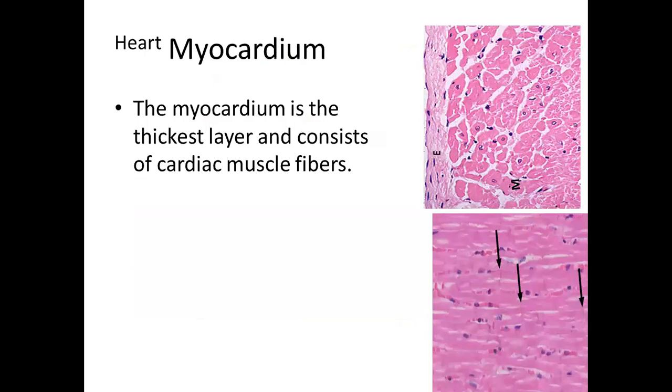Moving onwards towards the middle layer of the heart, which is actually the thickest of the three layers. Remember this thing, that this layer is thickest. And if we compare this middle layer thickness in different chambers of the heart, the walls of the ventricles are thicker, so we will have thicker myocardium compared to the wall of the atria.